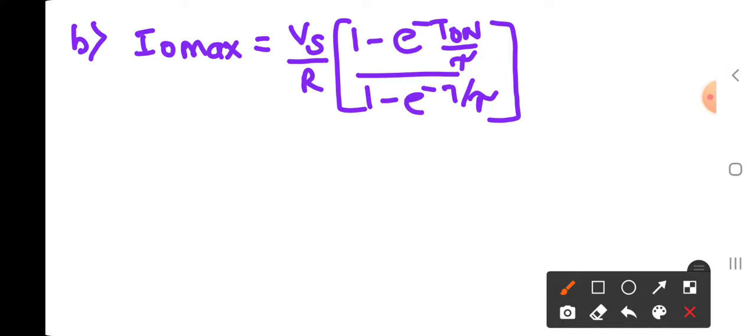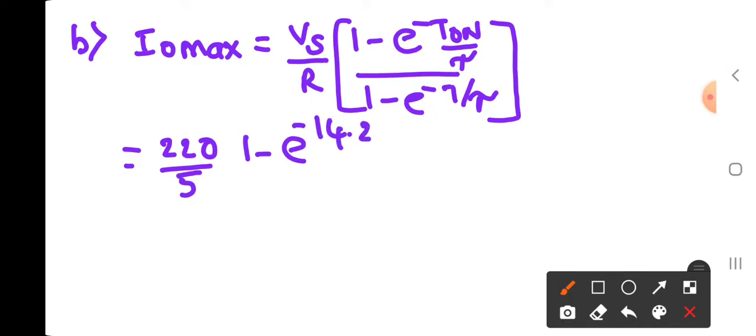Yes, let us do this. It is Vs by R, 220 by 5, into 1 minus e power minus 14.28 milli over tau, which is 8 milli.